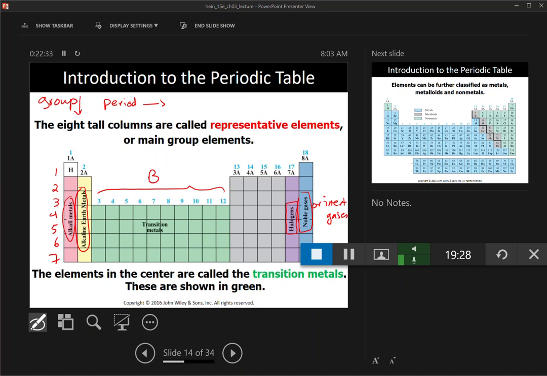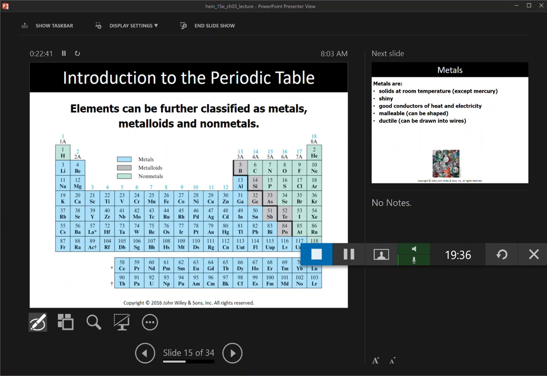There is another way that we can classify the elements in the periodic table, and there is another way that we can get more information from it. We can classify all the elements in the periodic table into 3 groups: metals, nonmetals, and metalloids.